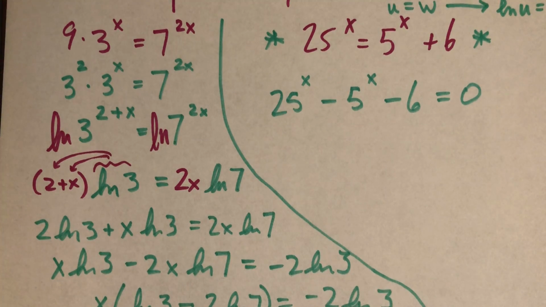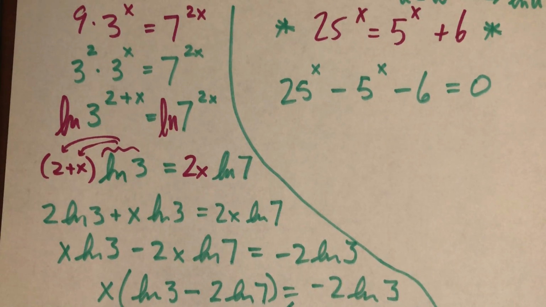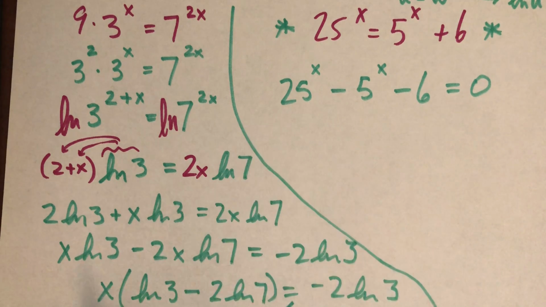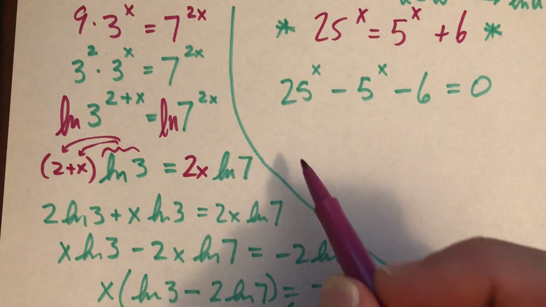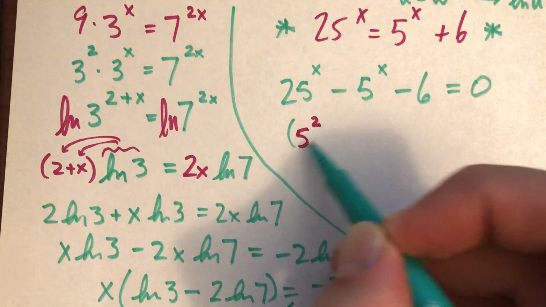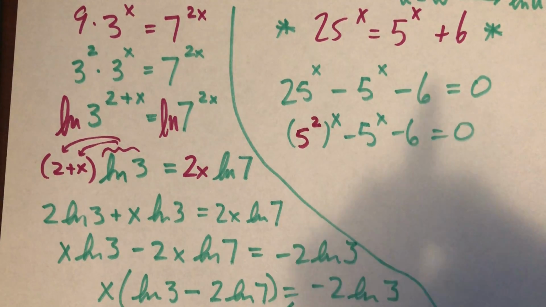All right, everything's on one side. If I wanted to start combining these things in particular, I'd probably want to write them with the same base, right? I know that 25 is 5 squared, so I can write 5 squared to the x minus 5 to the x minus 6 equals 0.